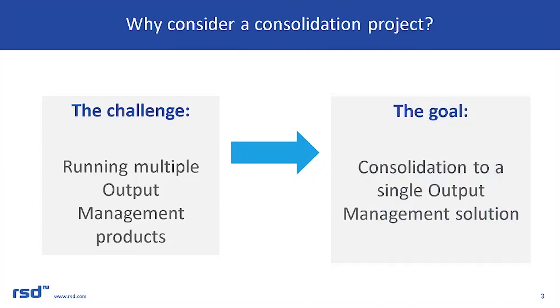This is an environment that could gain significant benefits from a migration to a single output management product solution. The benefits of this consolidation could be substantial, both in cost and operation going forward, and we're featuring EOS 360 as this solution.